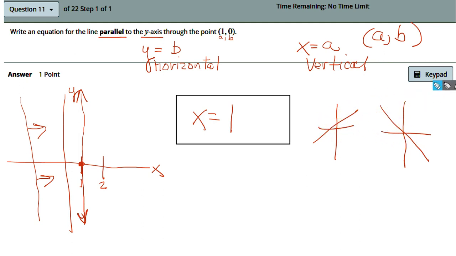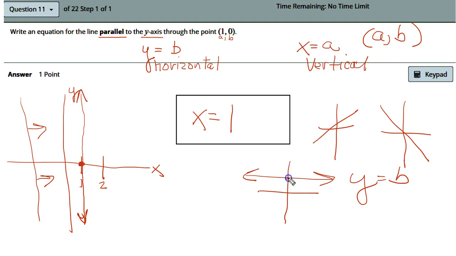These are just other possible questions you might have. And then the third one was the horizontal line, which is y equals b, and this is point B right there.